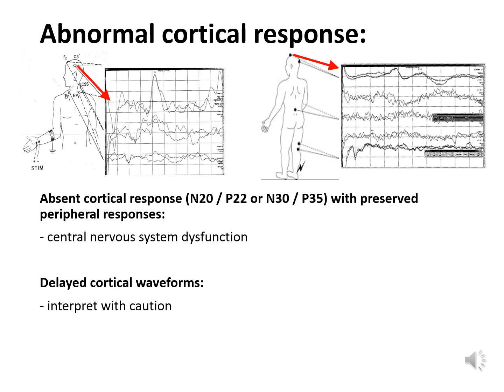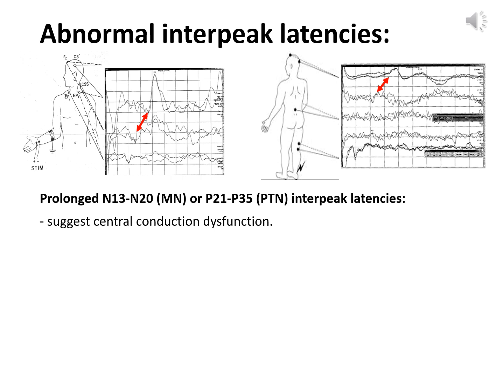If there's a delay in the absolute latencies of the cortical responses without a prolongation of the interpeak latencies, this is very difficult to interpret. What is most useful in looking at latencies is looking at the interpeak latencies. Looking at the latency between the cervical to cortical response for the median nerve stimulation, or the lumbar to cortical response for the posterior tibial nerve stimulation, is useful for understanding central conduction function.